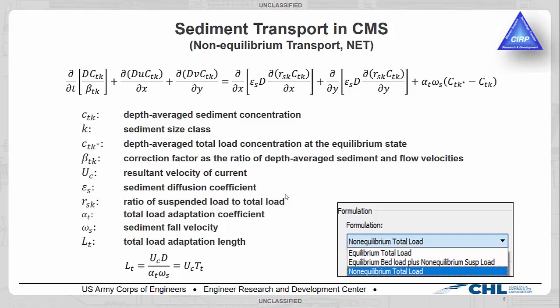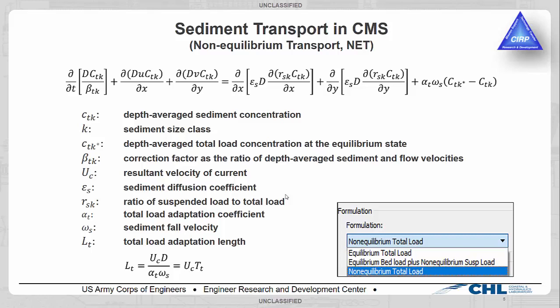And here is the non-equilibrium total load sediment transport equation used in the CMS. First, I have a definition of those terms. C_tk is the depth-averaged sediment concentration, and k is the sediment size class, so that's one sediment class for transport. You pick a transport class, right?